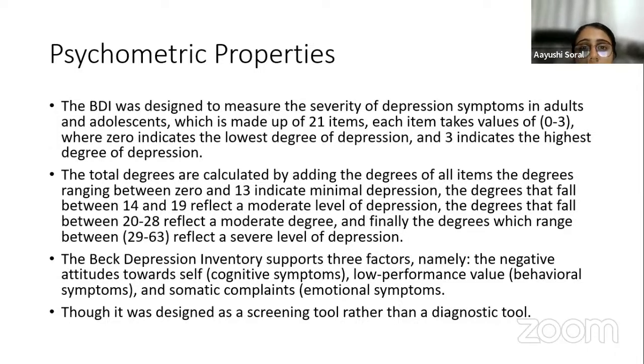Scores between 14 and 19 reflect mild depression, scores between 20 and 28 reflect moderate depression, and finally scores ranging between 29 and 63 reflect severe depression.